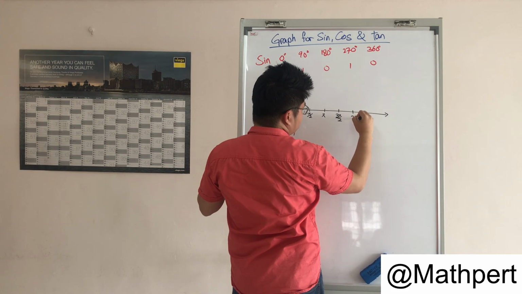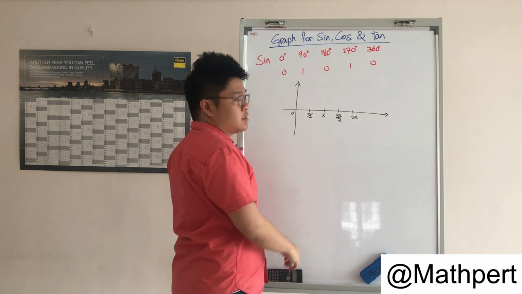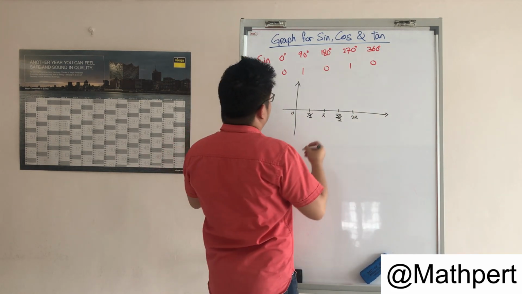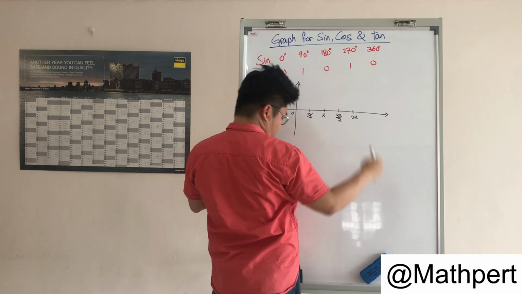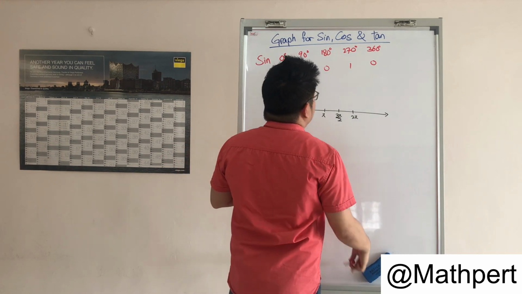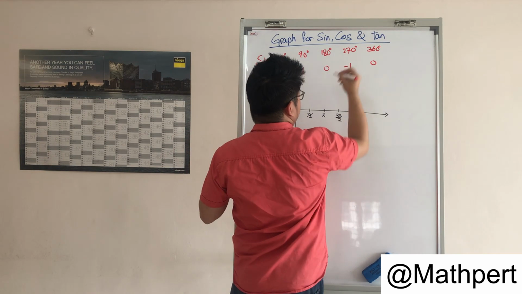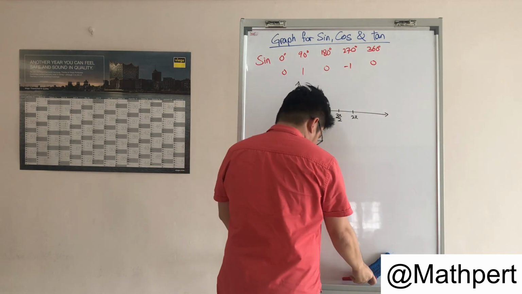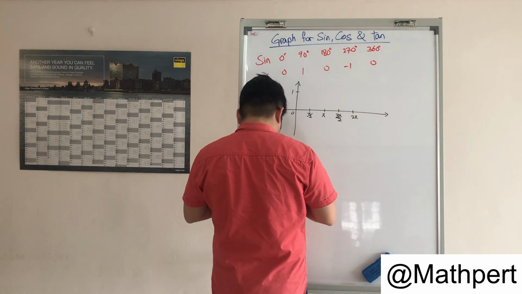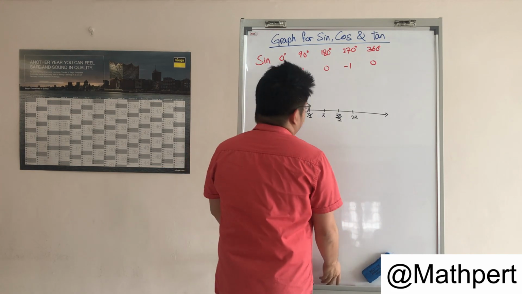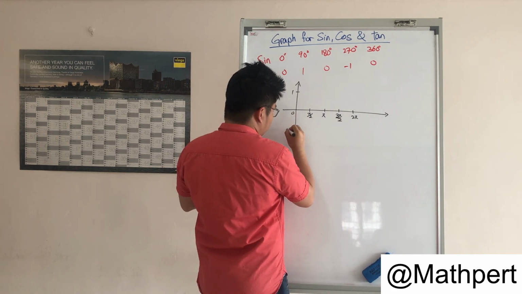And 2 pi is 360. And this is 1. Sine 270 is negative 1. And then here is negative 1.